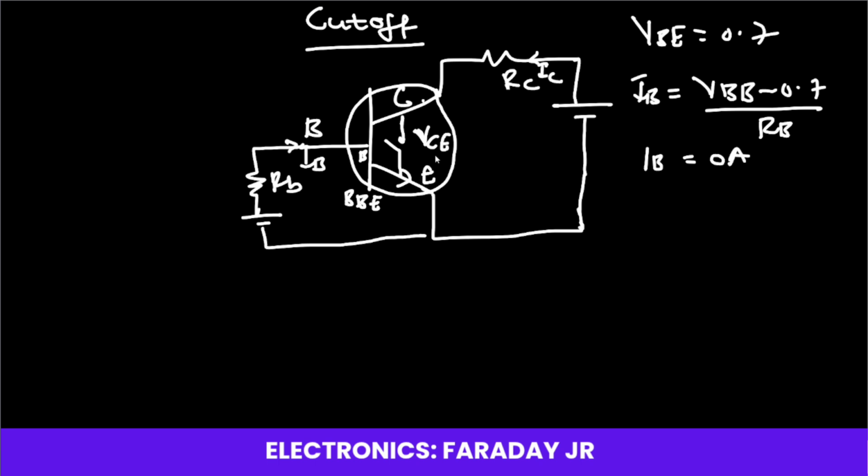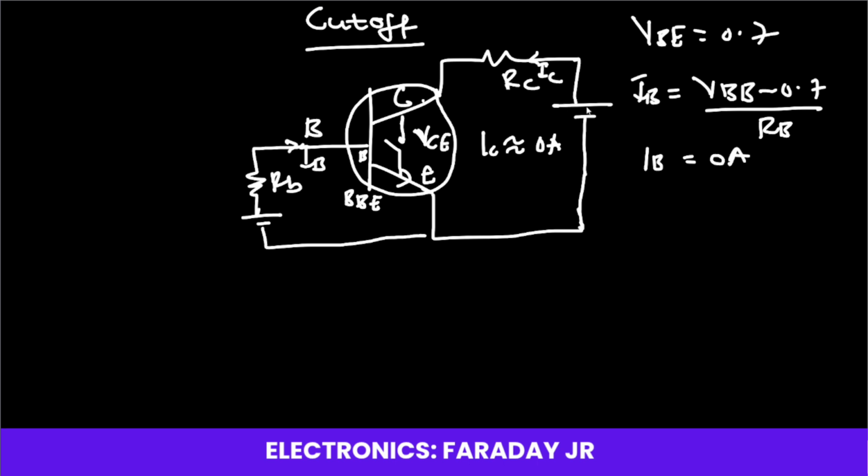But there will be some small amount of leakage current. Mostly we assume that the leakage current is approximately equal to 0 amps. So since IB is equal to 0, IC is also approximately equal to 0 amps, or we call it the collector leakage current.